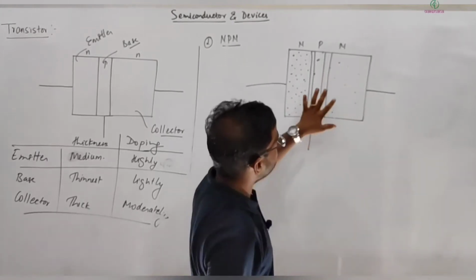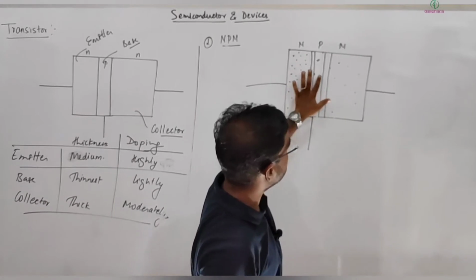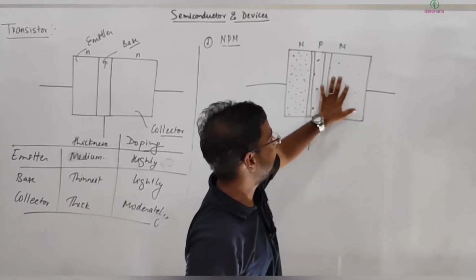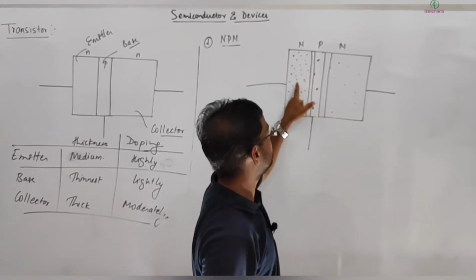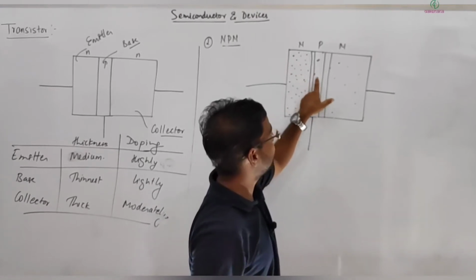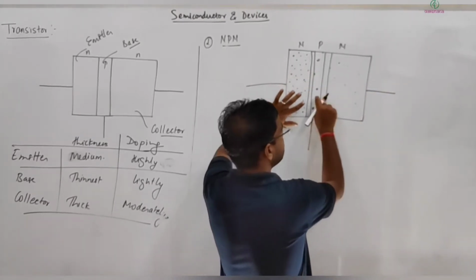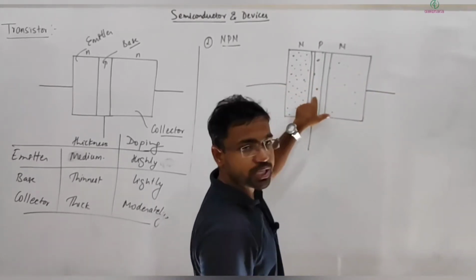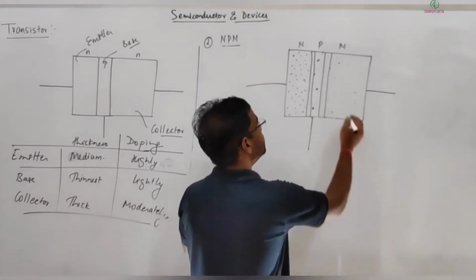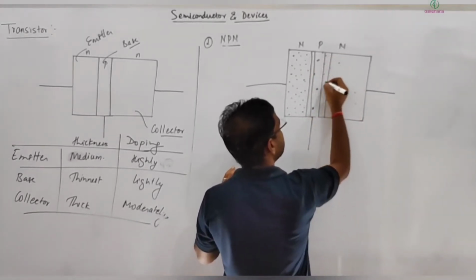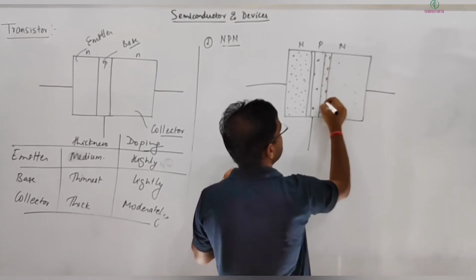Now what happens: the depletion layer will be normal. When you are talking about base and collector, you can forget about this side. When you're talking about emitter and base, you can forget about this part. In this situation, it's p type, so hole concentration will be higher; holes will diffuse this side, electrons will diffuse this side. So negative charge will appear on this side, and some positive charge will appear on this side.